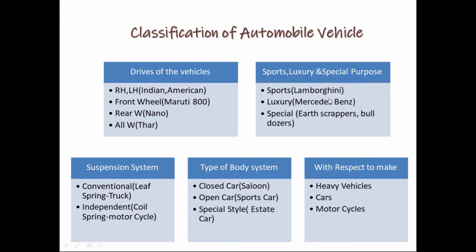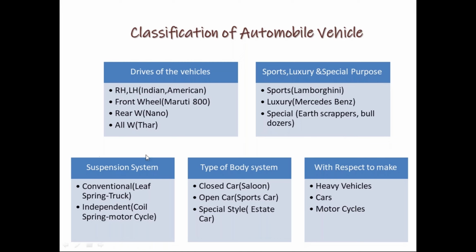Again, I have intentionally given one example of each. Then we have special types. Special purpose means different types of earth movers or scrapers. Bulldozers are there, JCBs are there. That type of vehicle most probably comes under the category of special purpose mobile vehicle.